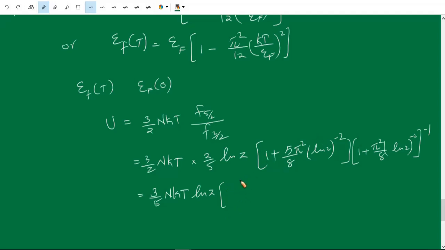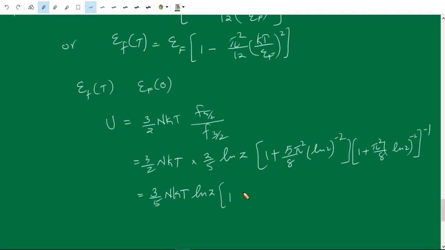We wanted to put in the first approximation, so we'll get 1. So here this is pi square by 8 all raised to minus 1. So this will be 1 minus pi square by 8. Here 5 by 8 pi square, so it will be 4 by 8 pi square.